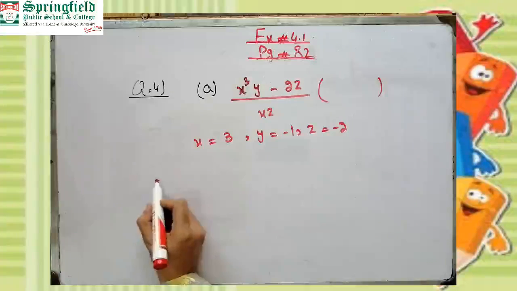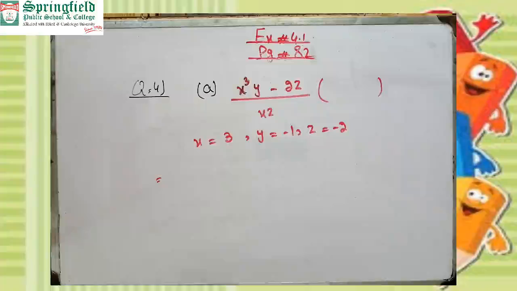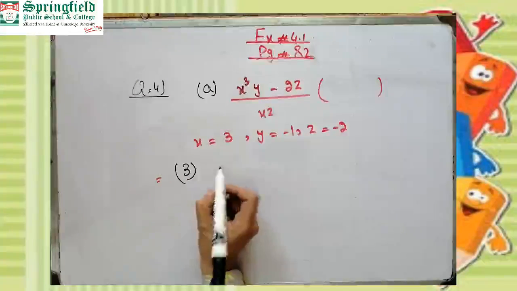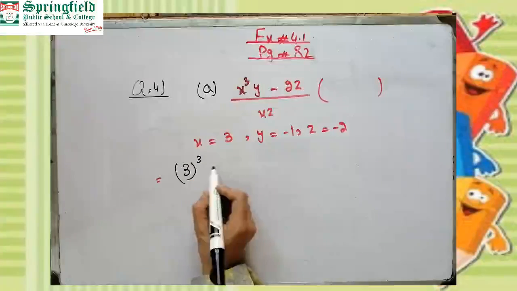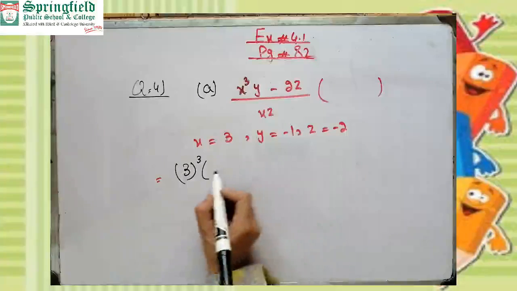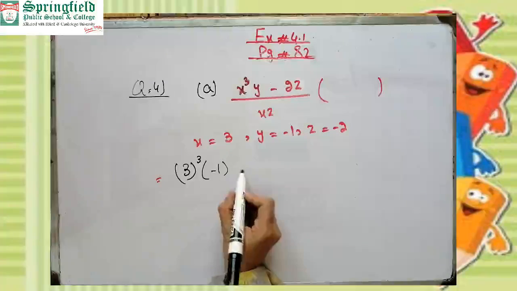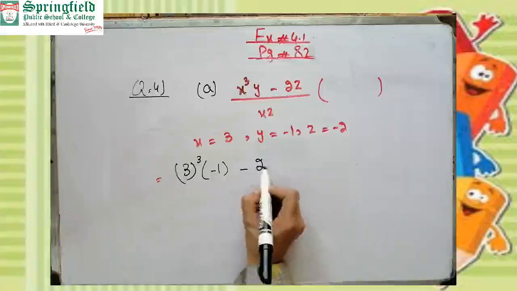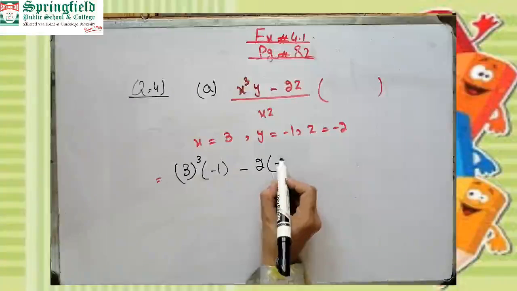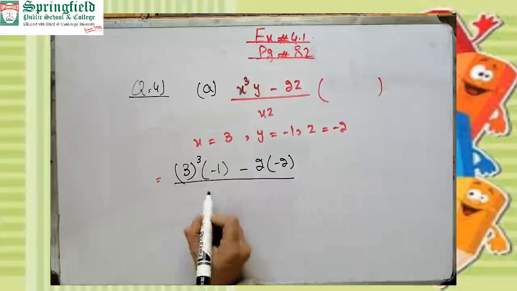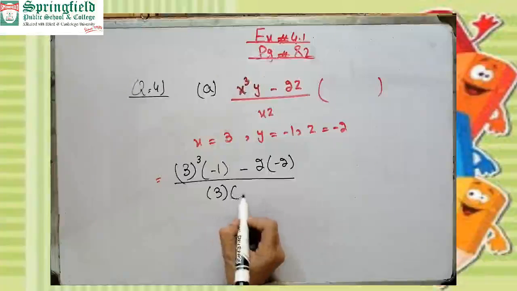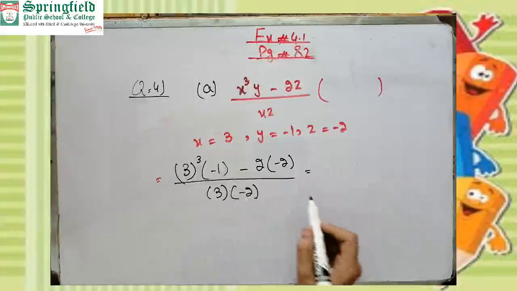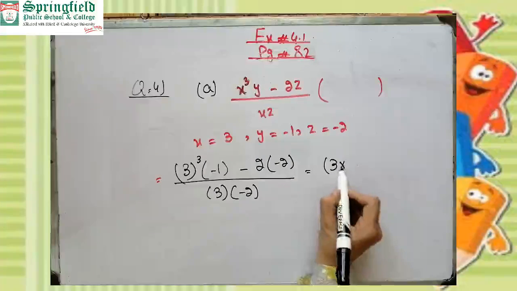Fine. So simple. First we will put the values of x, y, z. So x is 3. Put the value of x here, 3 power 3. Y is minus 1 and they are multiplied. There is no sign between two variables, it means they are multiplied. 2 and the value of z is minus 2. Divide by x, 3 and z is minus 2. Now 3 power 3 means 3 multiplied 3 times.